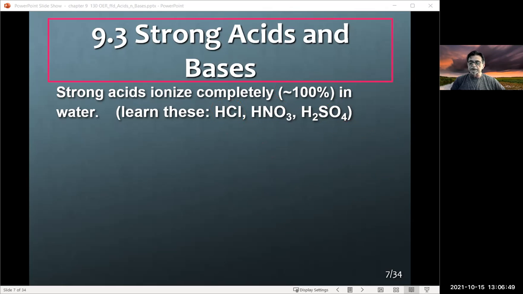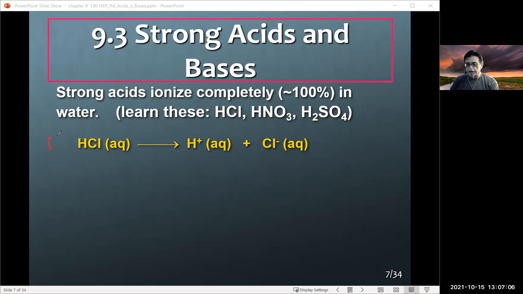Strong again because they dissociate roughly 100% in an aqueous solution, producing quite a bit of proton. And this introduces a concept that we're going to be using quite a bit.